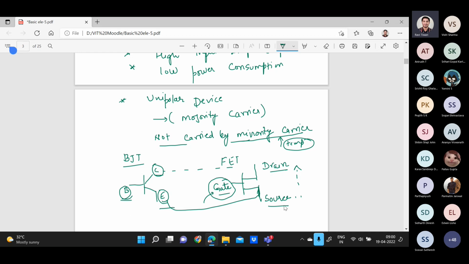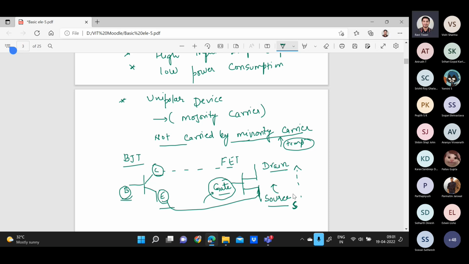If I discuss the source terminal in FET, it is the one through which the carrier enters the channel, and this is analogous to emitter. The source terminal is designated as S, and the current entering the channel at the source terminal is indicated by IS.